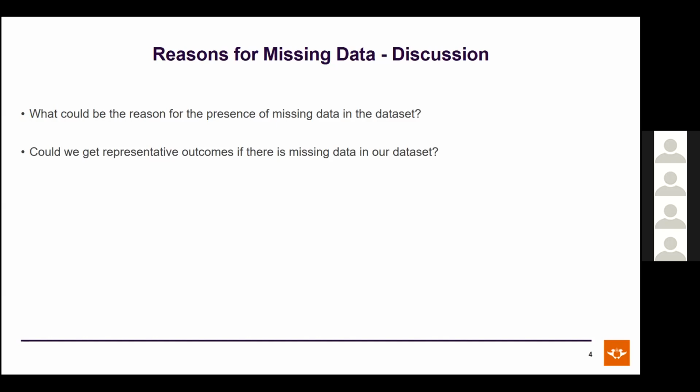Now, missing data is a problem that is encountered in the pre-processing stage of a data science task. That's the reason it's very important. In a data science task, there are several stages, one of them being data pre-processing.